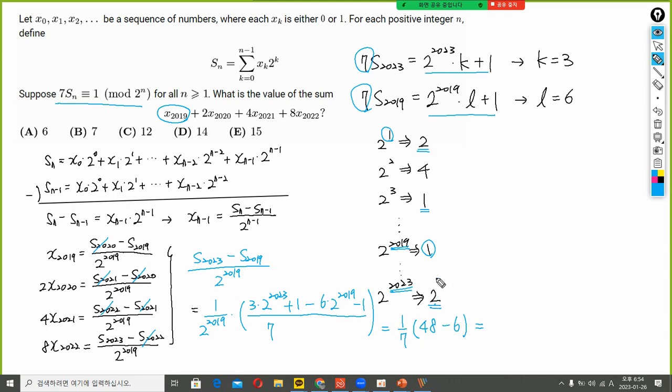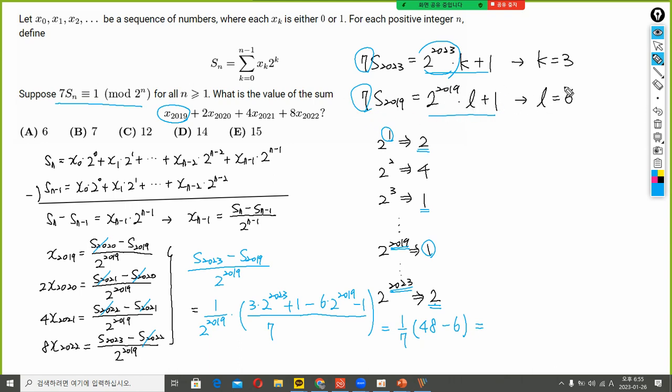So if we just take this remainder, this one is 2. So for it to be a multiple of 7, k needs to be 3, because 2 times 3 is 6, plus 1 is 7. Or for 2019, if the remainder is 1, the l should be 6. 6 plus 1 is 7.